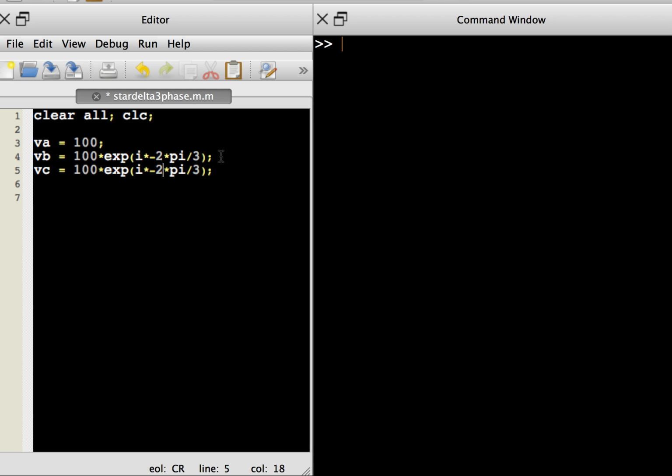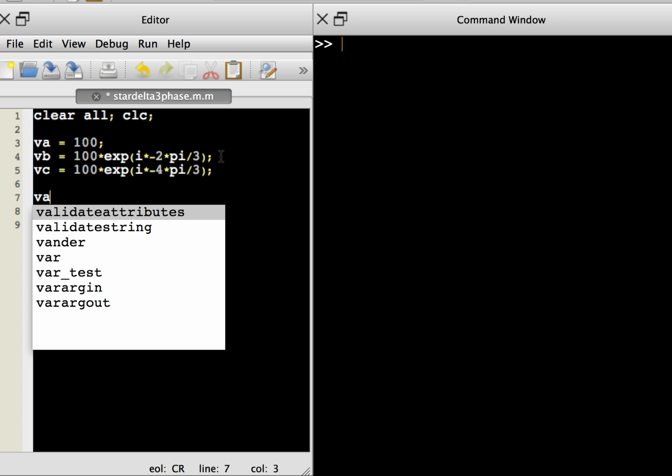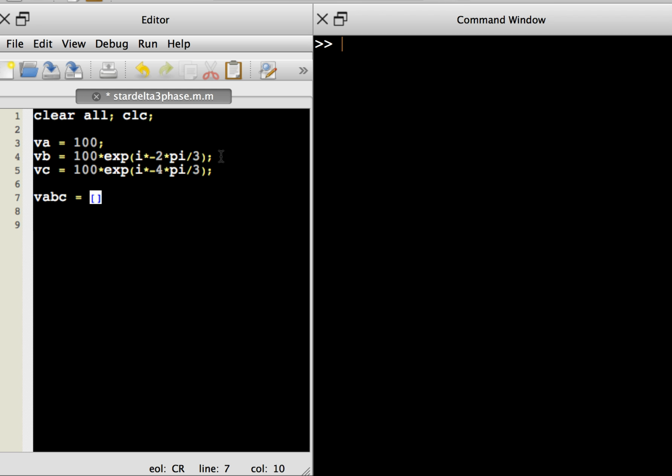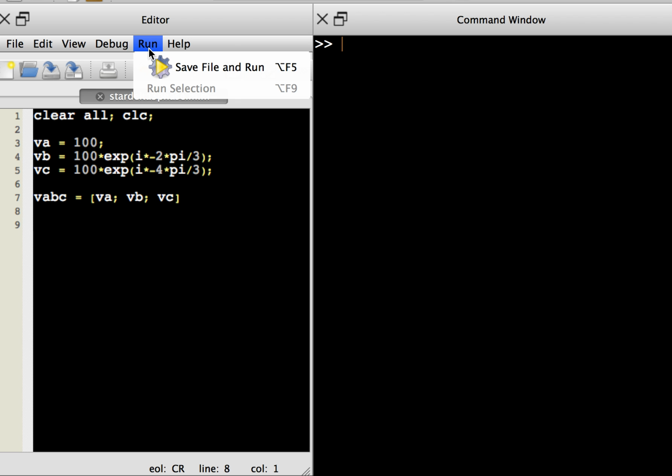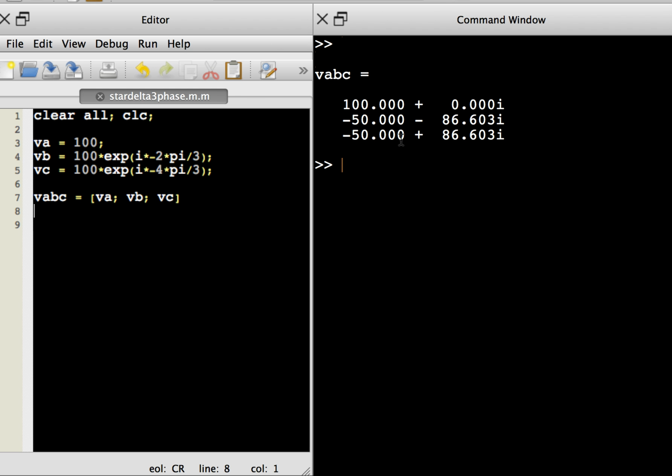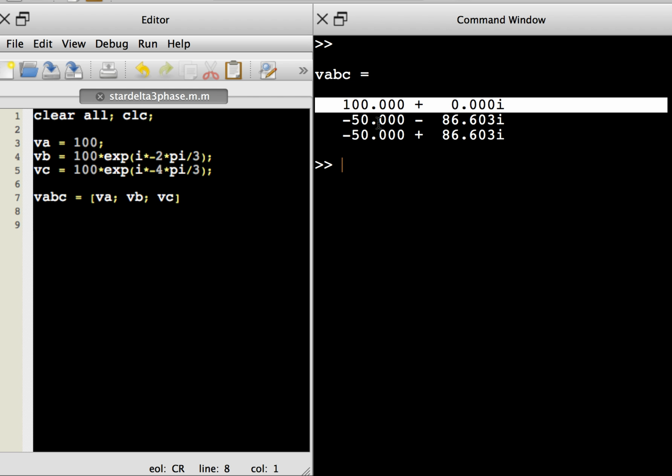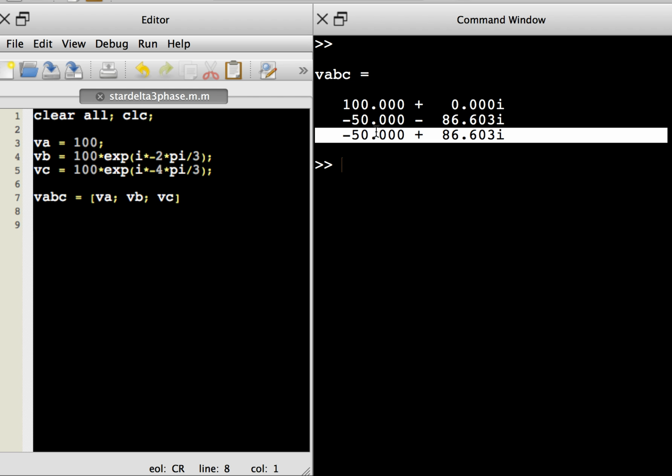Only thing difference is this is 4 pi. So my VABC, I can define it as a vector. First row is VA, second row is VB, and third row is VC. So let's just run this and check if everything is fine. Okay, on the right side, I am getting VABC. So this looks correct.